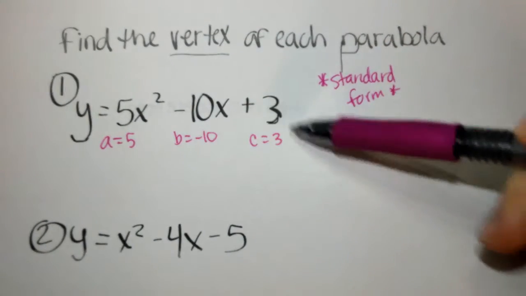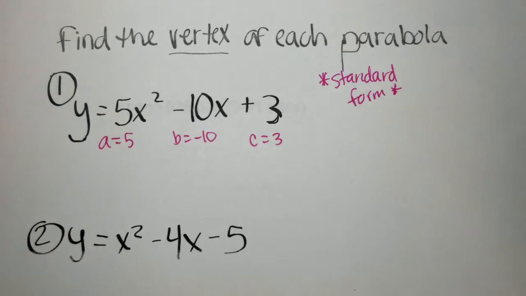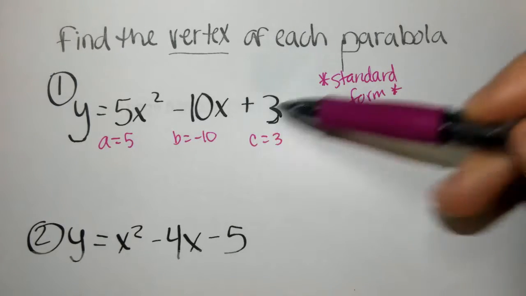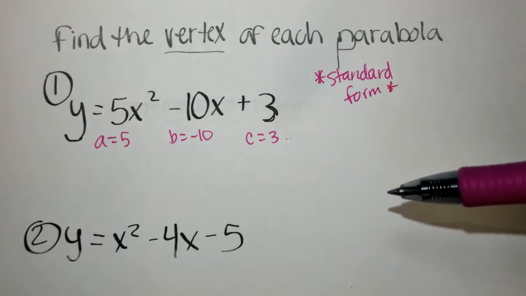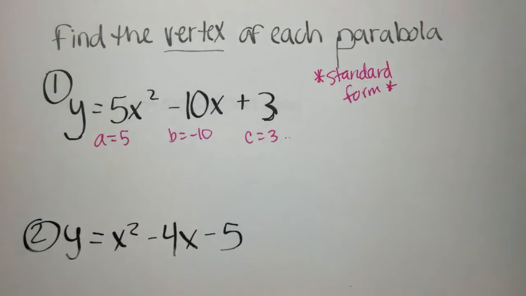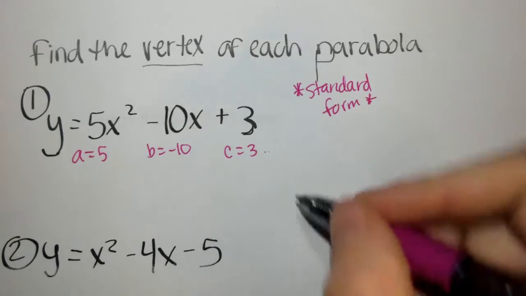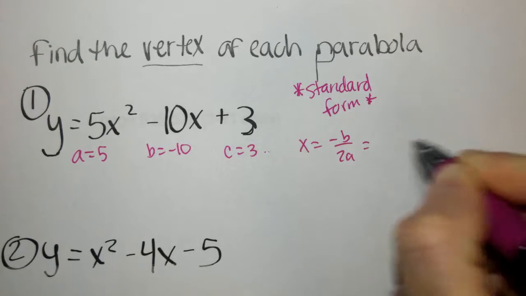You might be wondering why I keep noting C when the formula doesn't call for a C. In a future section we will need to use this C value and it will mean something to us, so just getting us in the habit now. The first step was find the axis of symmetry. We can do that. X equals negative B over 2A.